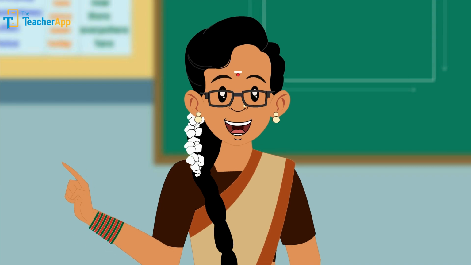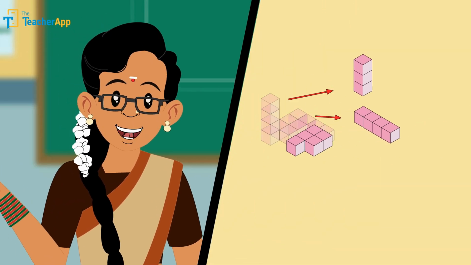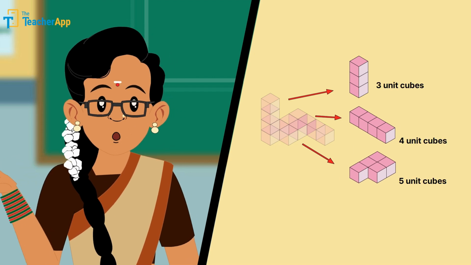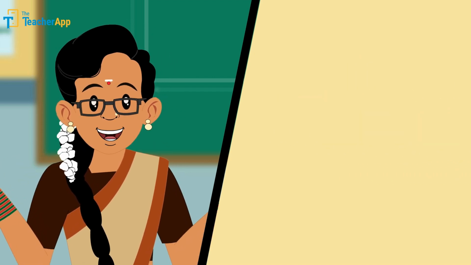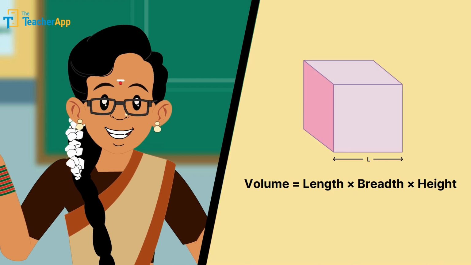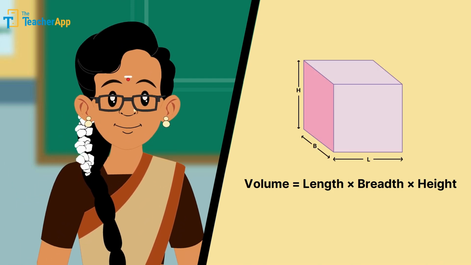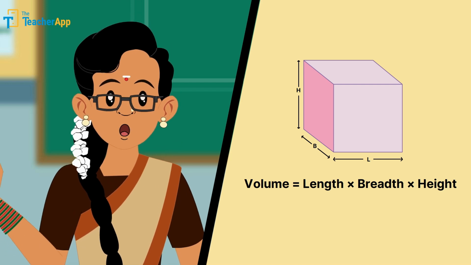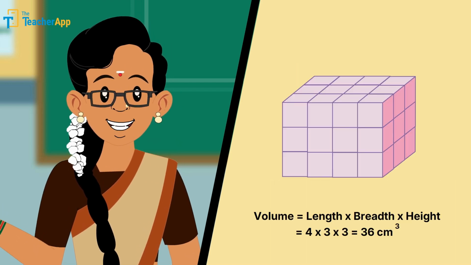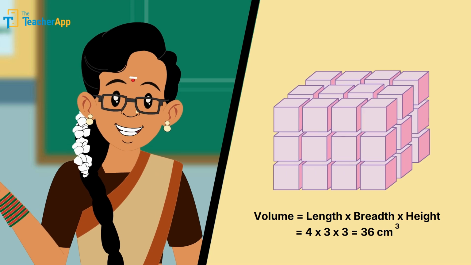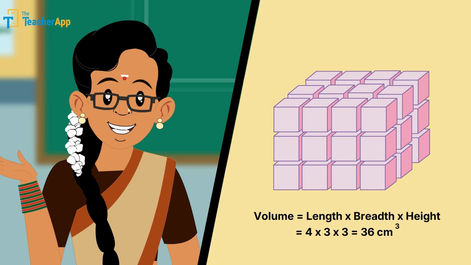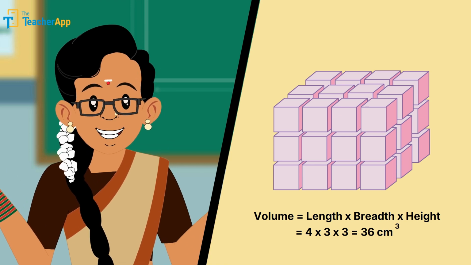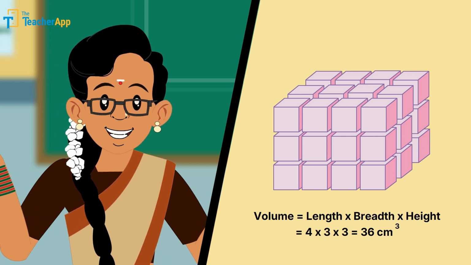And once students can confidently count and calculate using unit cubes, we can introduce the formula for volume by multiplying length, breadth, and height. Explain to students that the formula for volume is a shortcut derived from their understanding of unit cubes and how dimensions multiply to represent the total space a solid occupies.